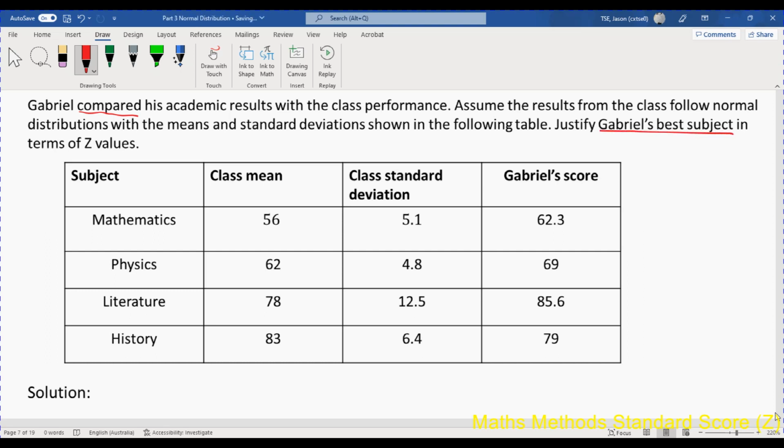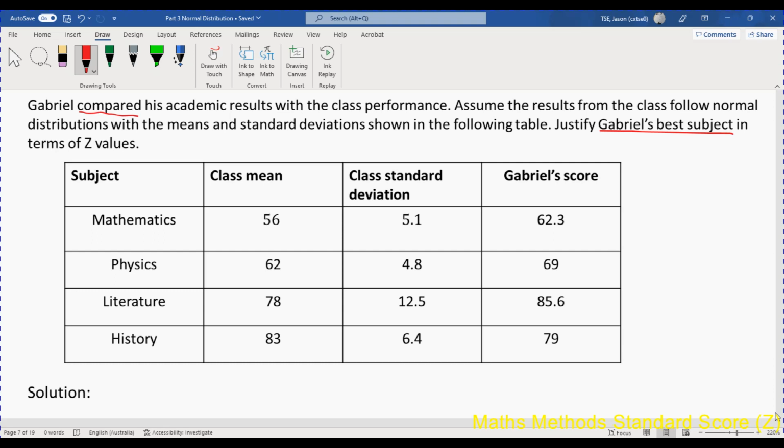Wait a minute. If Gabriel's report card was like this, it seems like Gabriel has the highest mark in literature, so he might tell his mom, my literature is my best subject. But is that really true when we compare to the whole class performance? Because some subjects are more difficult than others. For example, methods should be more difficult than a lot of other subjects.